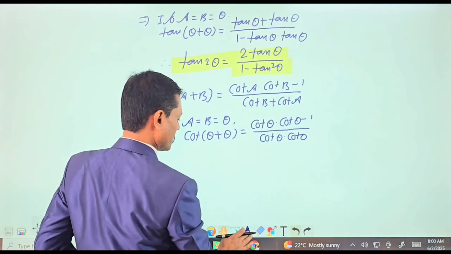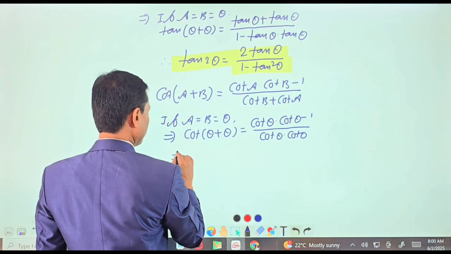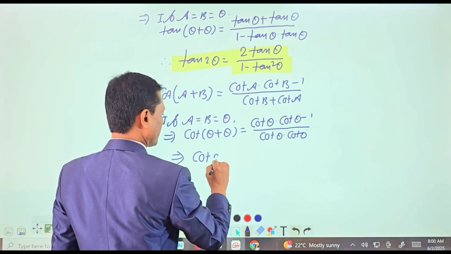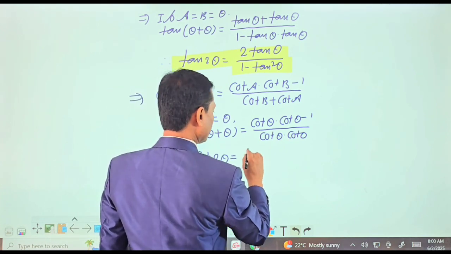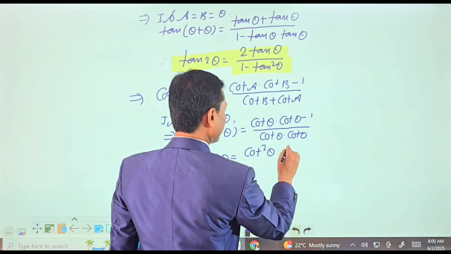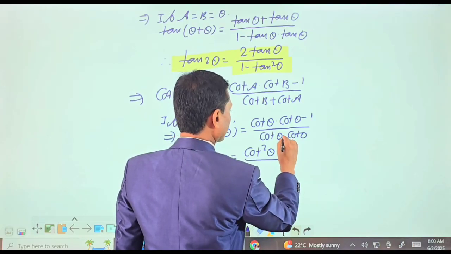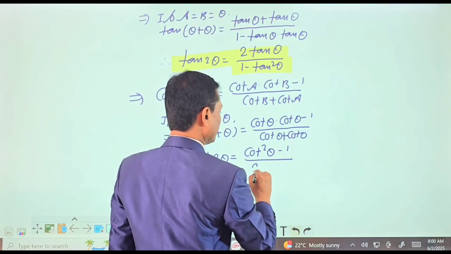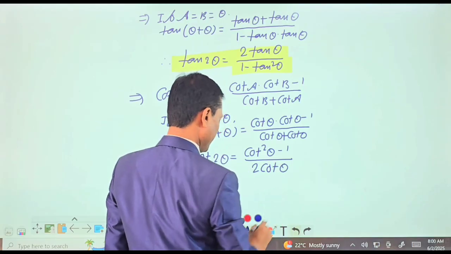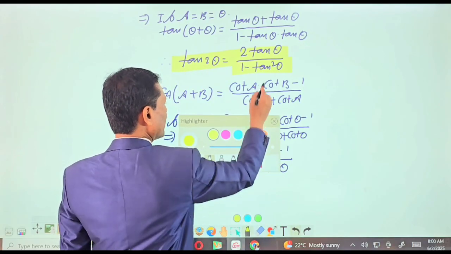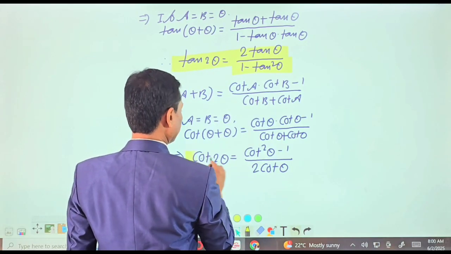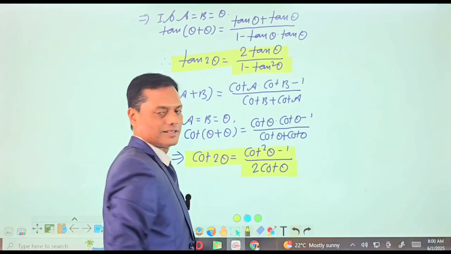And that gives us cot 2 theta equals cot square theta minus 1 upon 2 cot theta, with the sign plus in the denominator, not to forget that. So that's the formula of cot 2 theta.